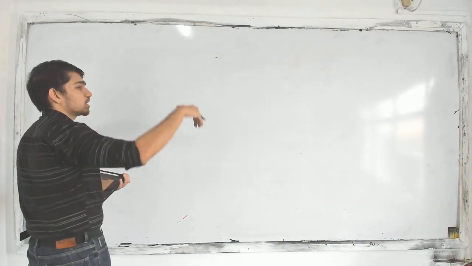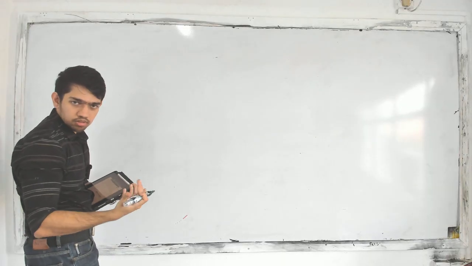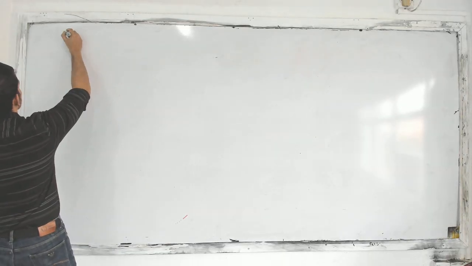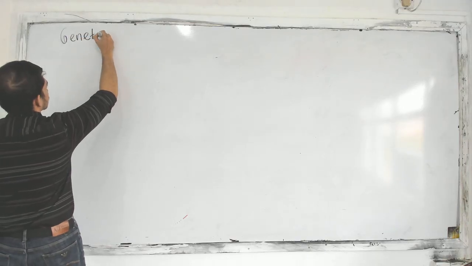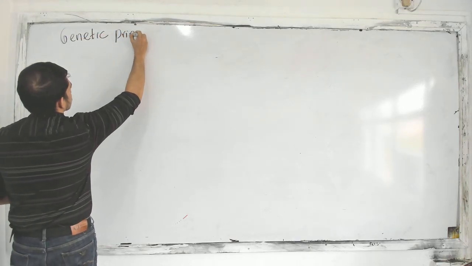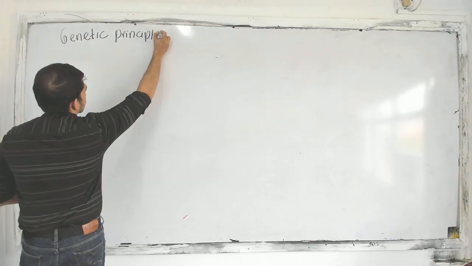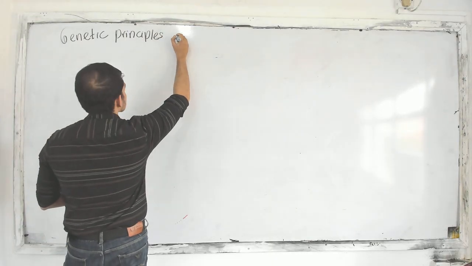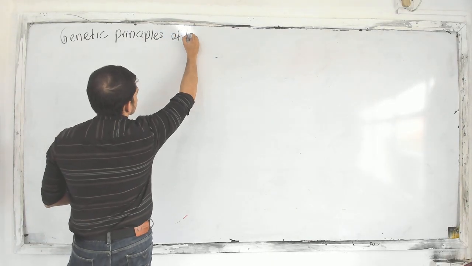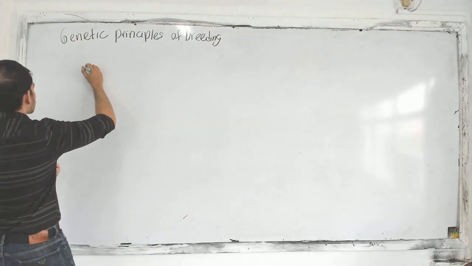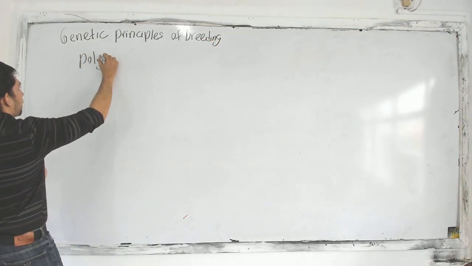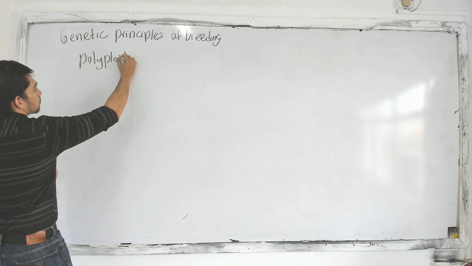That's because of the underlying genetic principle. That's what we are going to talk about: genetic principles in breeding. The first and most important one is polyploidy. We already talked about some polyploidy.